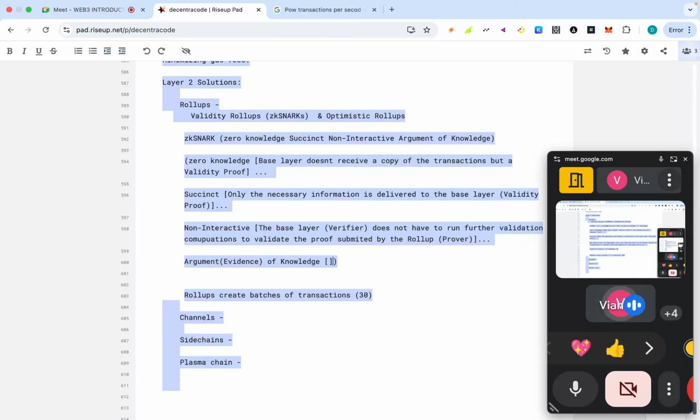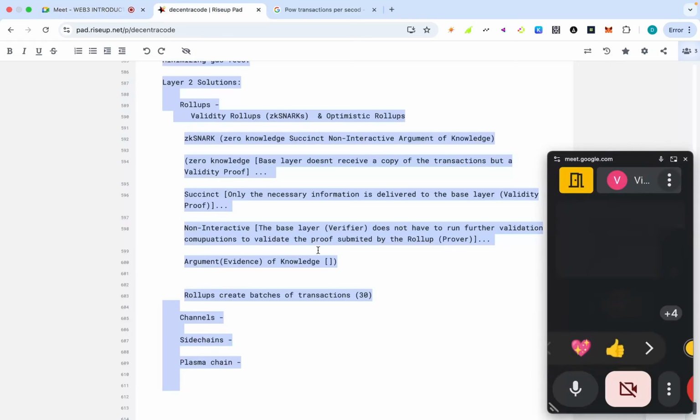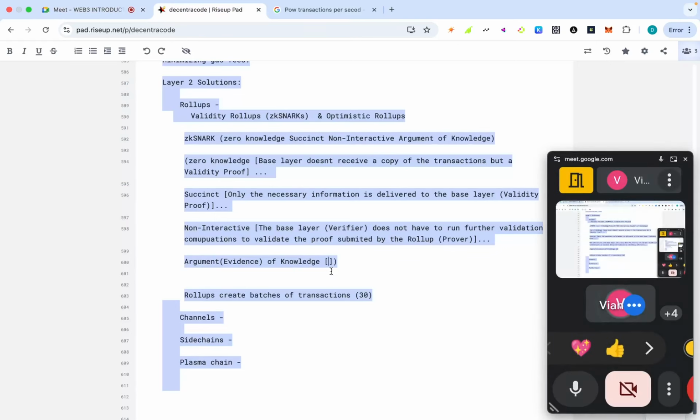In this case, that information is proving that those transactions actually exist, that Merkle tree, rather that hash, represents a Merkle tree of transactions that have already been deployed on the layer 2 solution. Is that clear? Hands up, please, someone. Nothing? Thank you, Ronnie.